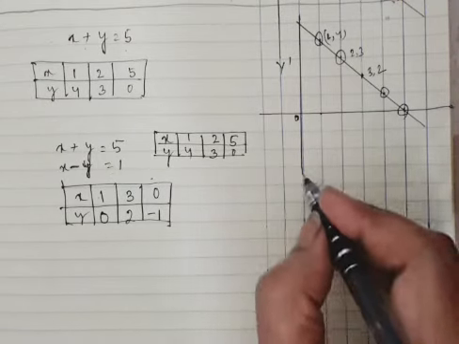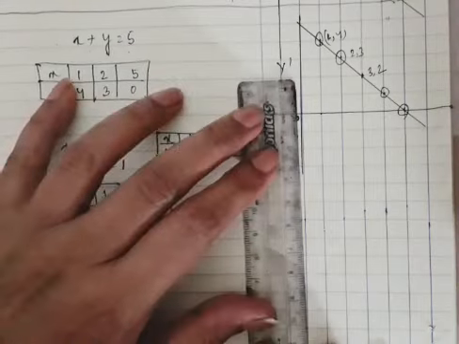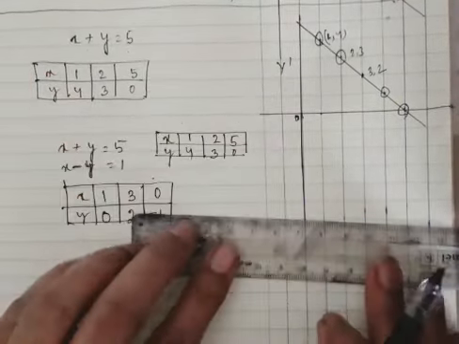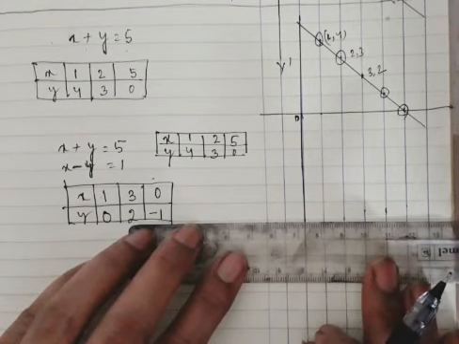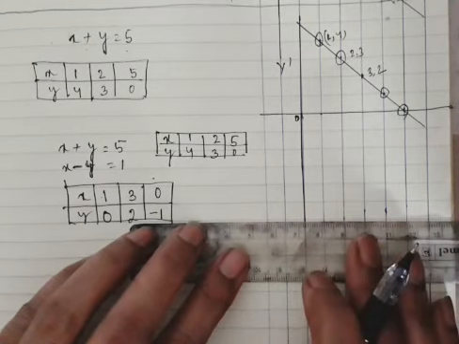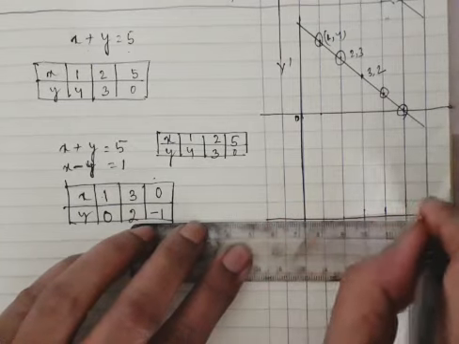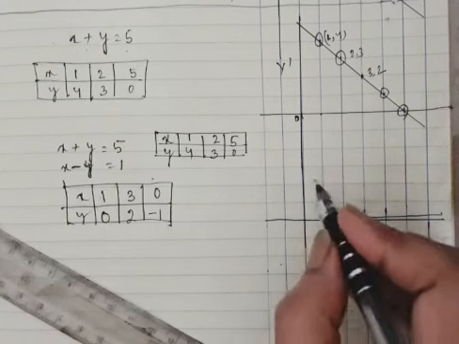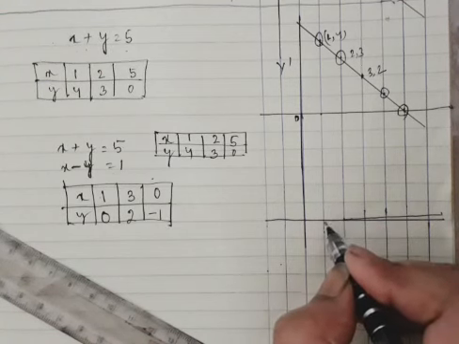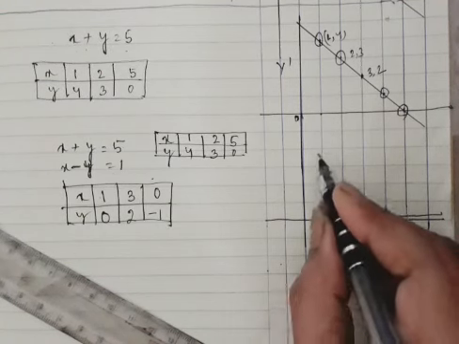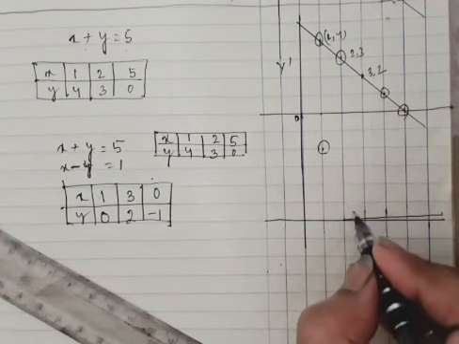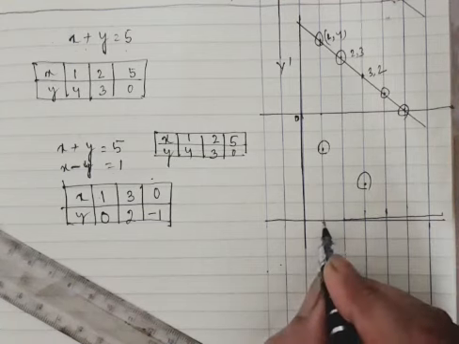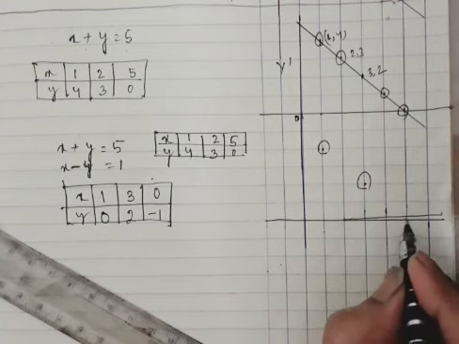So for that, let us draw the coordinate axes. Now let us plot the points 1, 4; 3, 2; 5, 0.